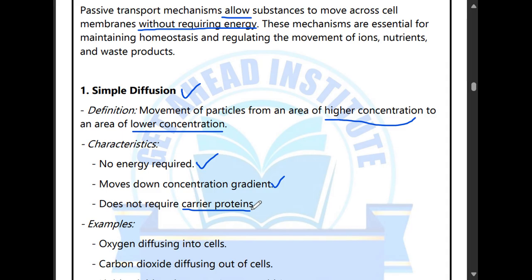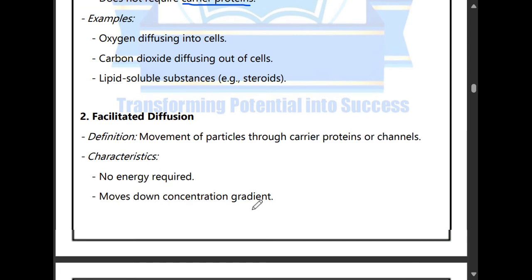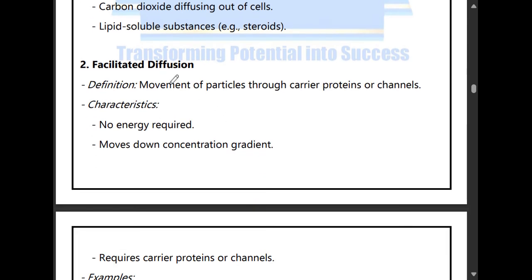Examples of simple diffusion include oxygen diffusing into the cells, as well as carbon dioxide diffusing out of the cells. That is simple diffusion.